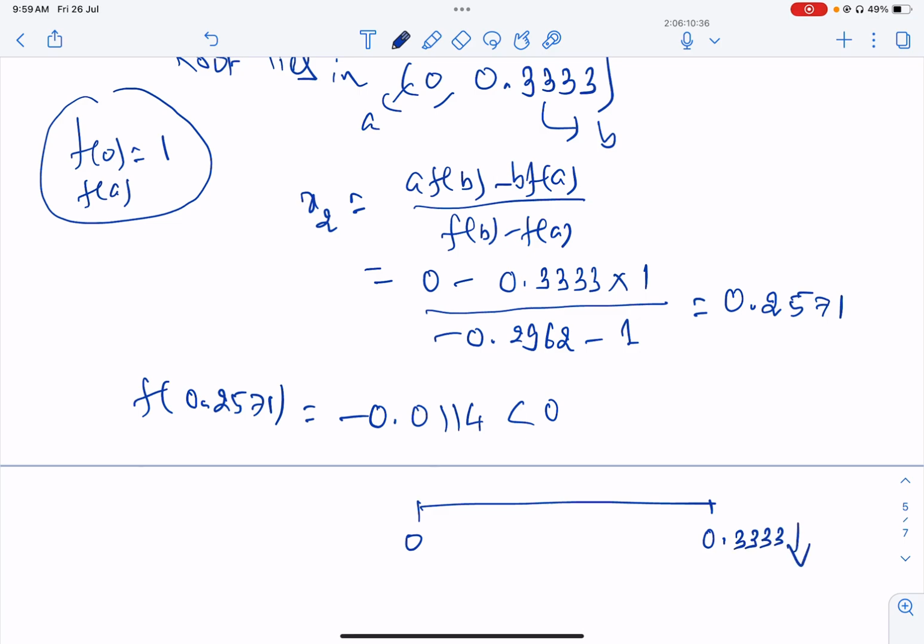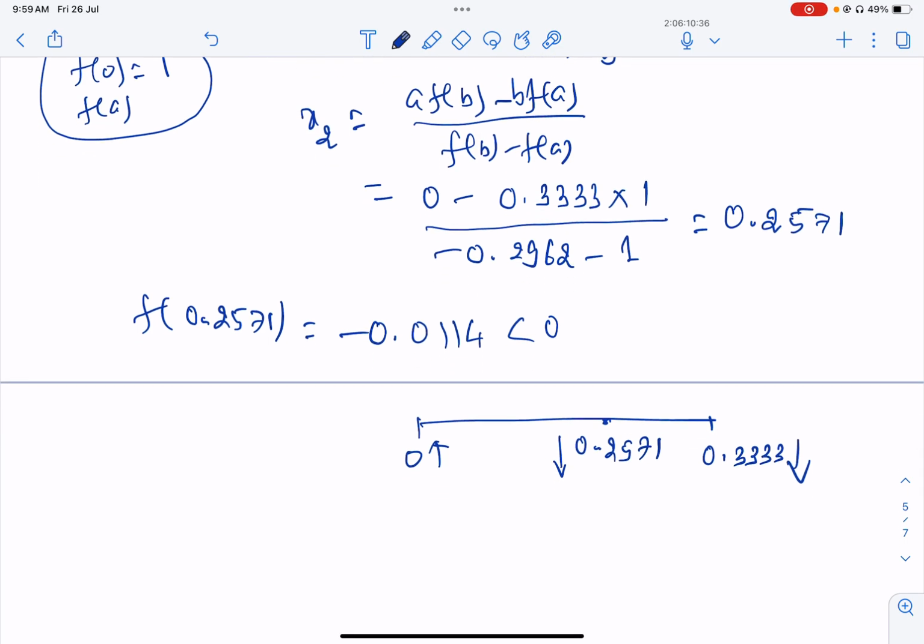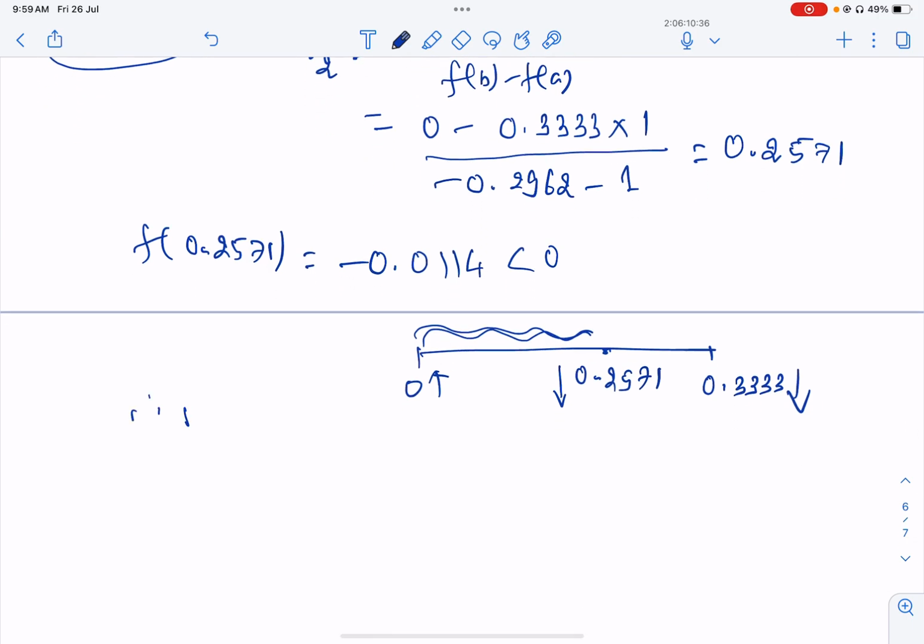Here the f value is negative, here the f value is positive. Here we get the point 0.2571 and its f value is negative. So now again the root lies between what? These two. So you can say that root lies in 0 to 0.2571. So again this is A, this is B.